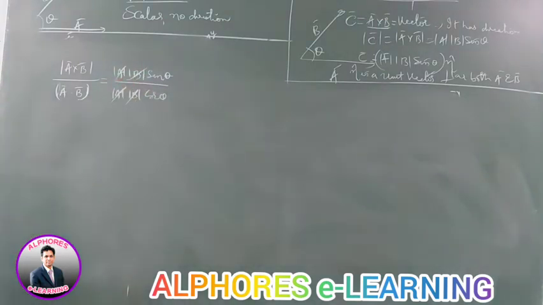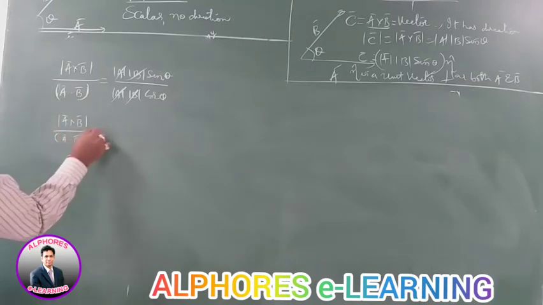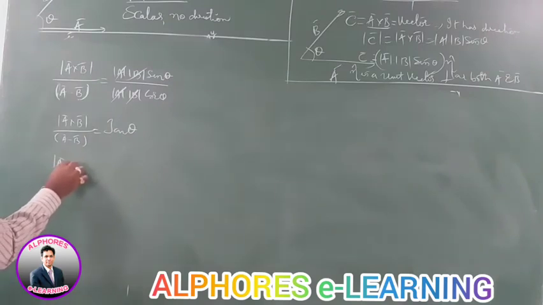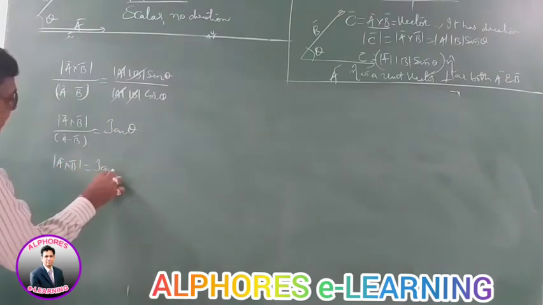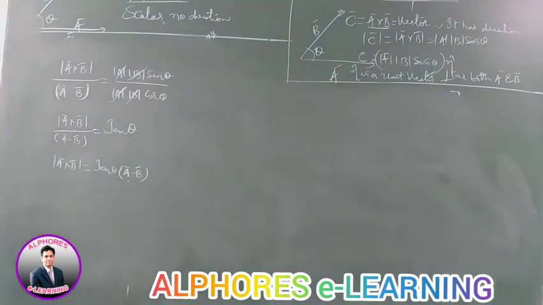So these two get cancelled. Therefore mod A cross B by A dot B is tan theta. Right? So you can write mod A cross B is tan theta times A dot B.